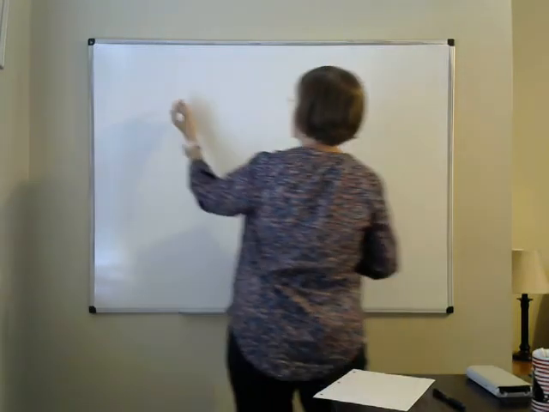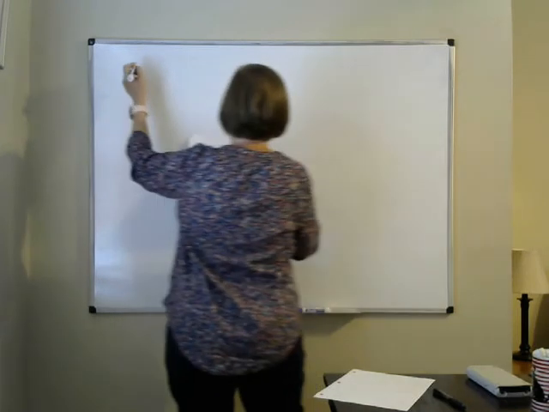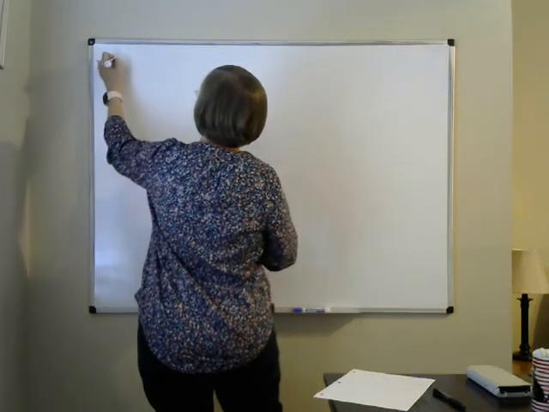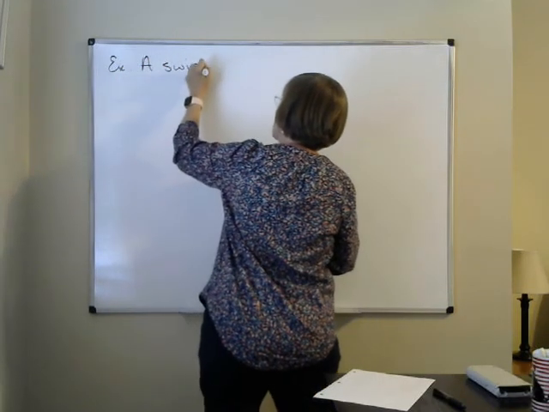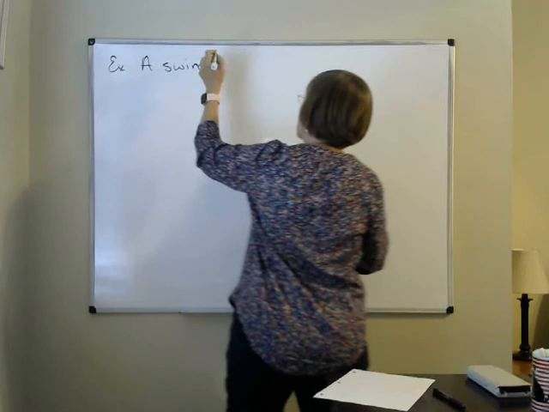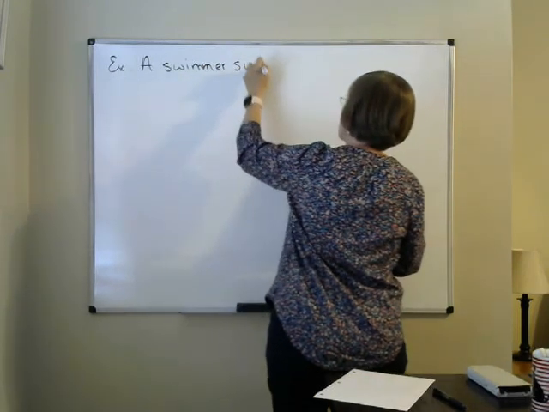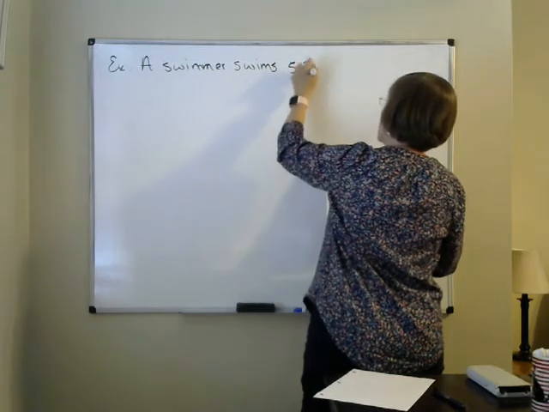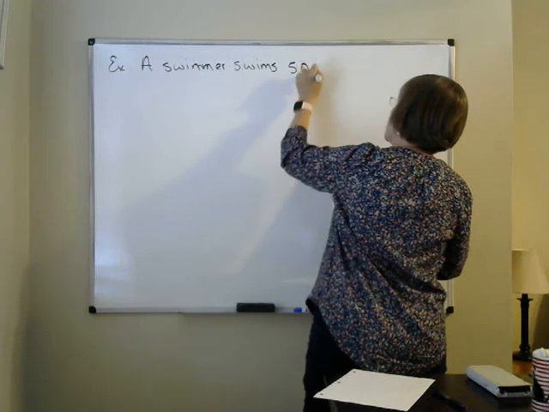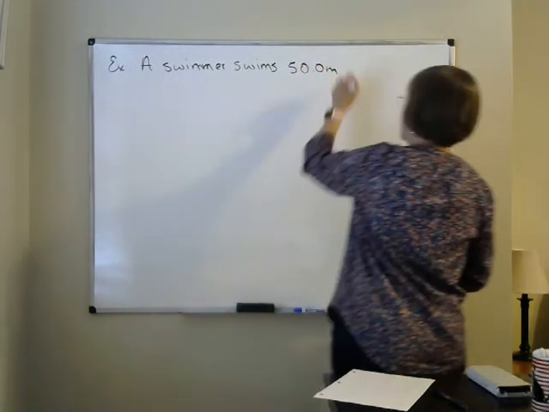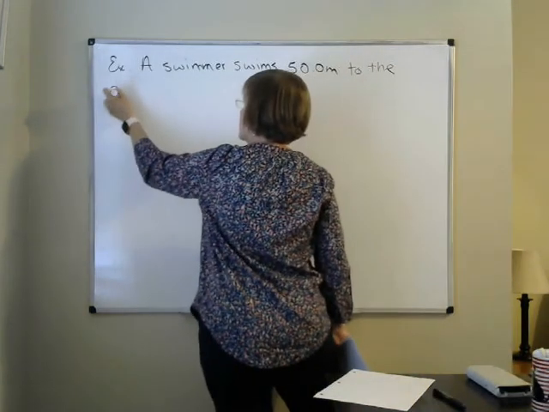So, we have a swimmer, and the swimmer swims 50.0 meters to the other side of the pool.